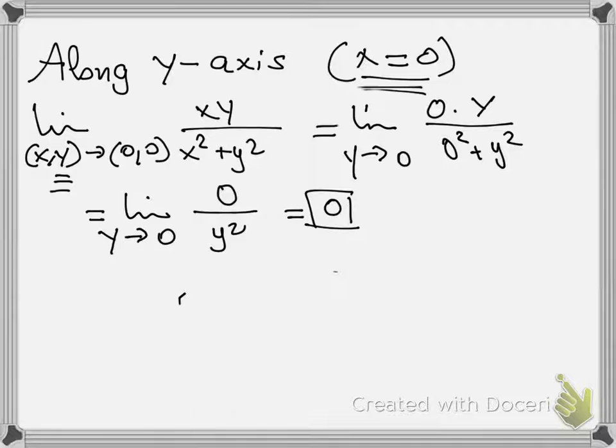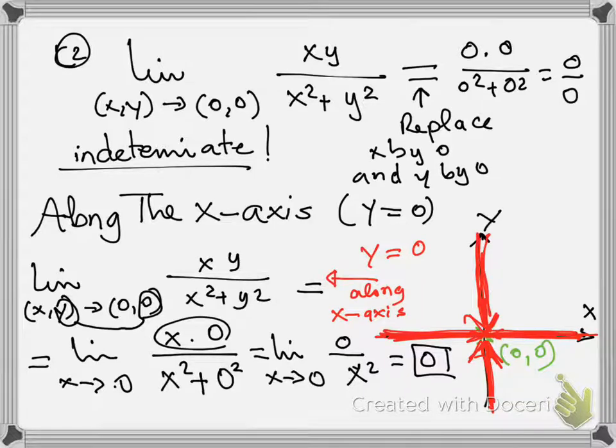Okay. Now, let's take a third path. I'm going to approach (0, 0) along the diagonal, so along the line x equal to y. I'm going to approach this point here along the diagonal.